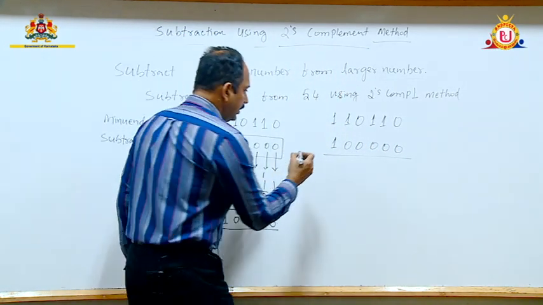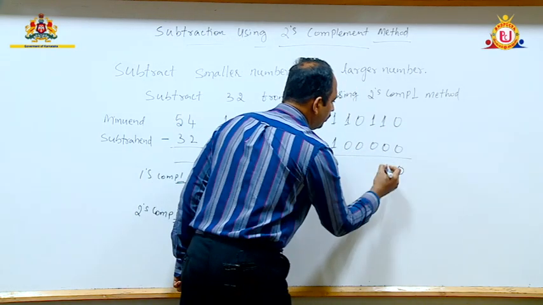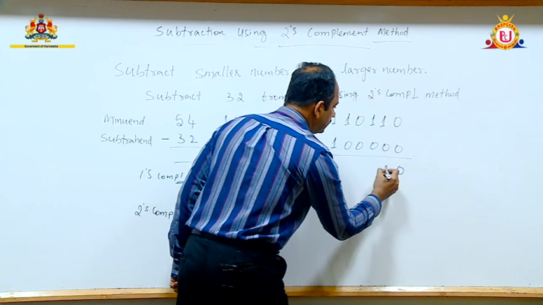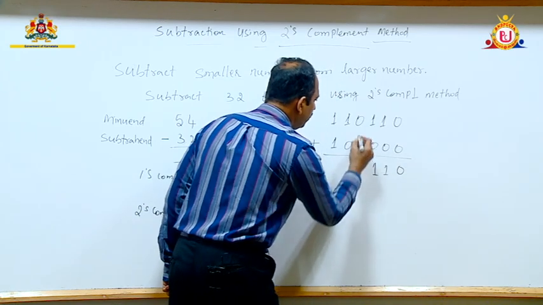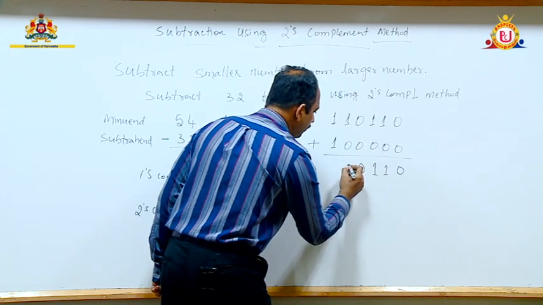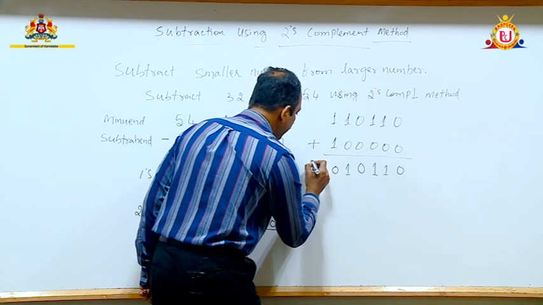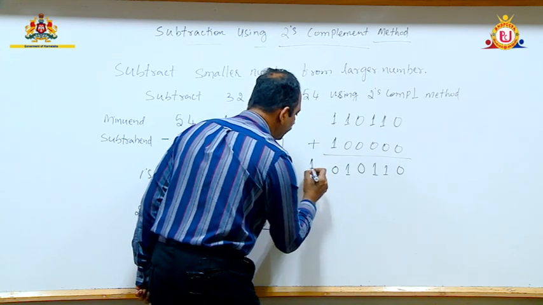Now let us add these two binary numbers. 0 plus 0 is 0, 1 plus 0 is 1, 1 plus 0 is 1, 0 plus 0 is 0, 1 plus 0 is 1, 1 plus 1 is 0 with an end carry 1.